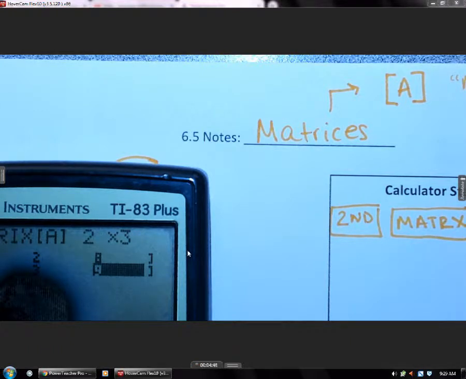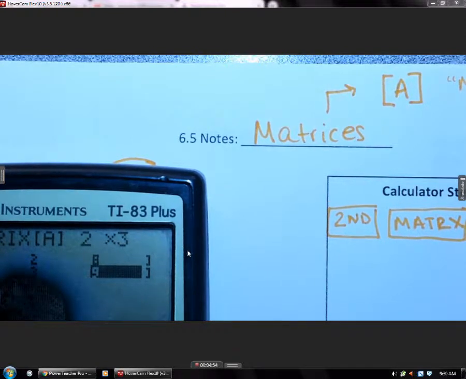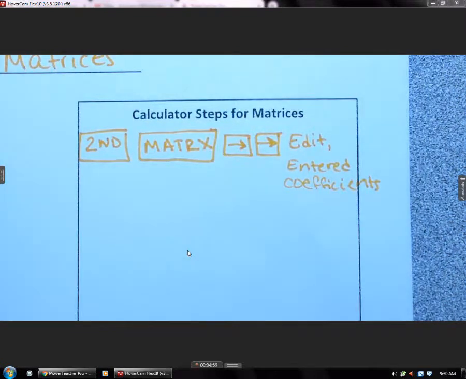And then we entered coefficients. I'll scoot it over. We did second, matrix, right arrow, to get over to edit. Then we entered the coefficients. That's the first step. Our data is now in the calculator.